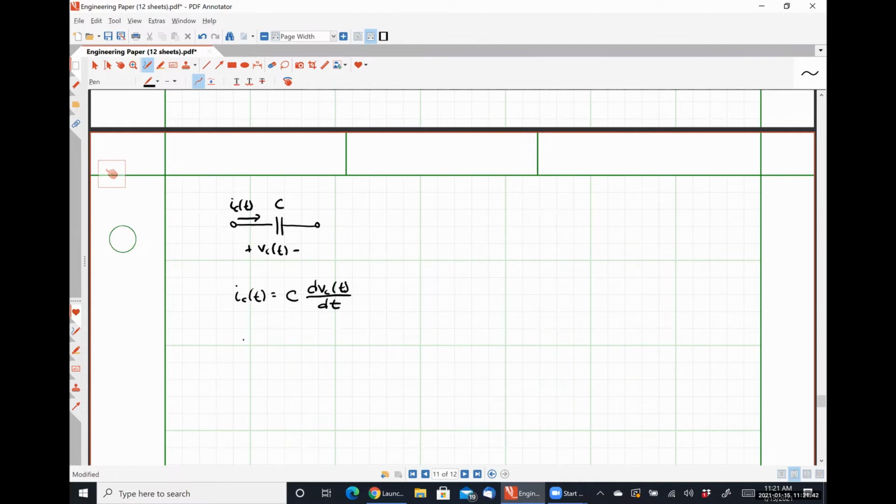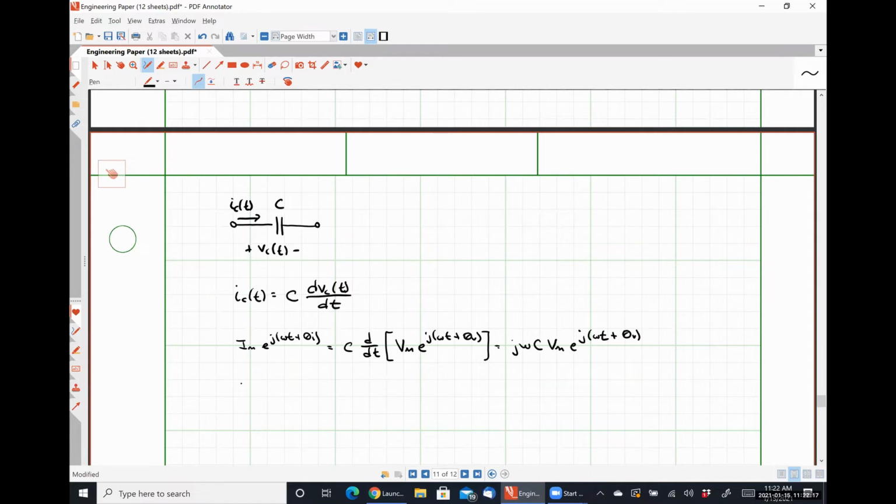And so this gives us Im e^(j(ωt+θI)) is equal to C times the derivative with respect to time of Vm e^(j(ωt+θV)). When we take that derivative, this leaves us with jωC Vm e^(j(ωt+θV)).